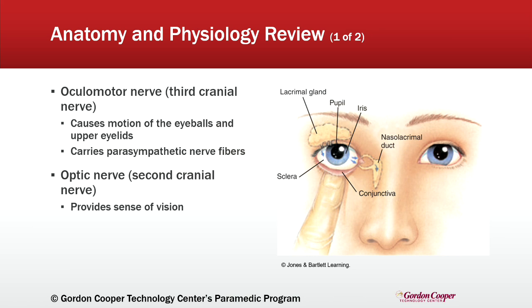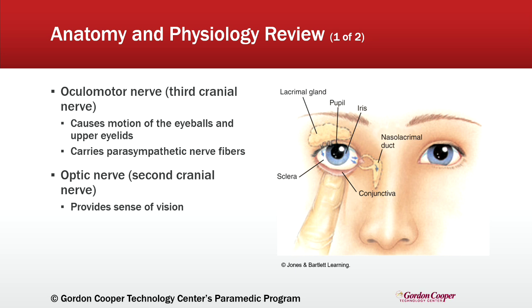Remember, the eye connects to the brain through two main nerves: the oculomotor nerve, or cranial nerve number 3. This nerve works with the trochlear, or the 4th cranial nerve, and the abducens, the 5th cranial nerve, to control the muscles that move the eyeballs and the upper eyelids.